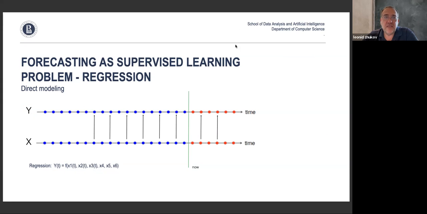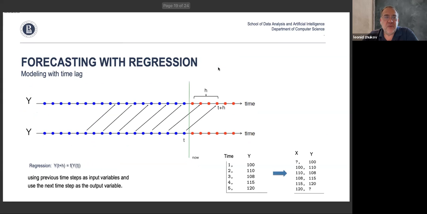Well, the idea is quite simple. What you do is you actually predict y at the moment t plus 1, or t plus h, based on the y at the previous moment of time. So you literally use this variable y both as a feature and as a target variable.